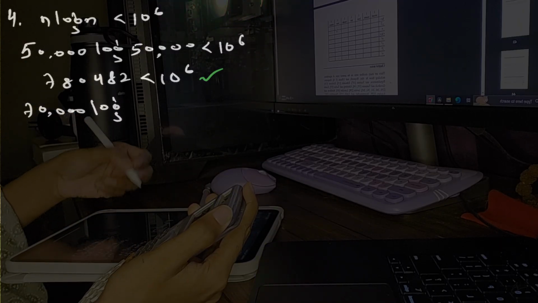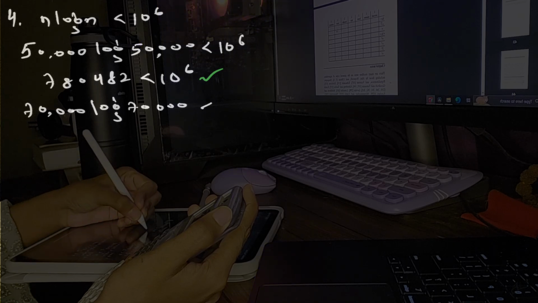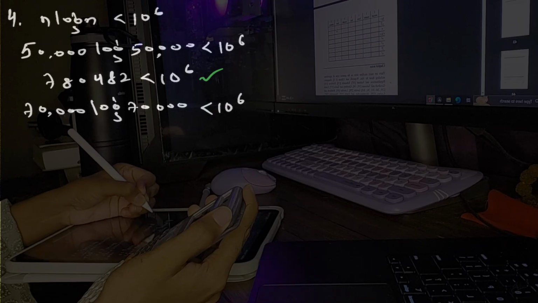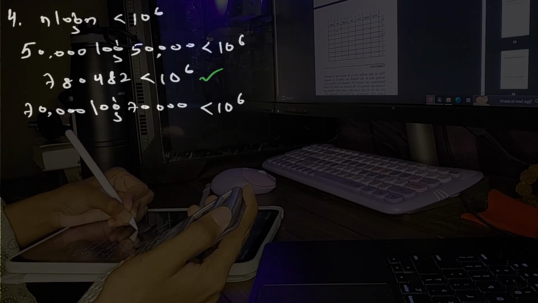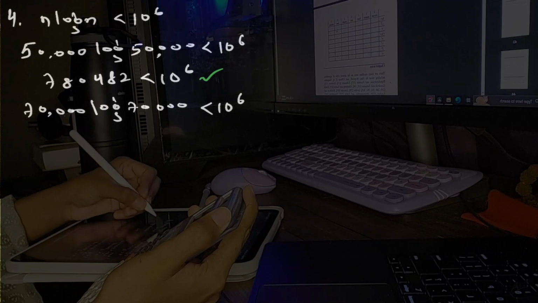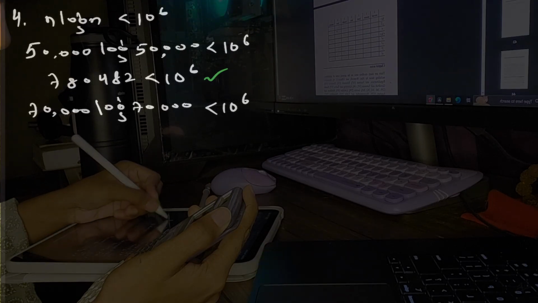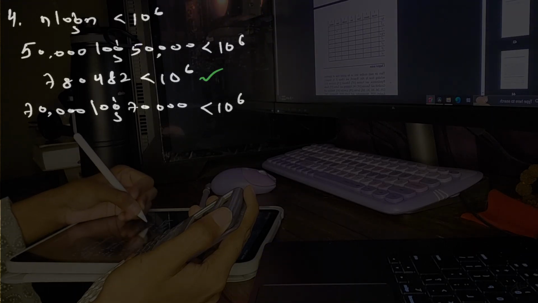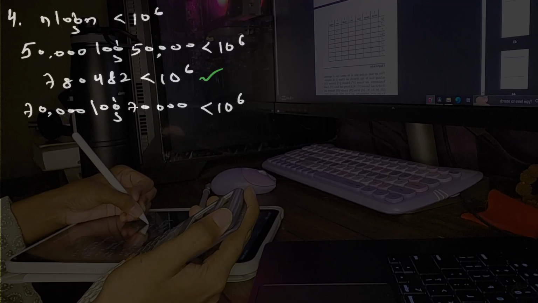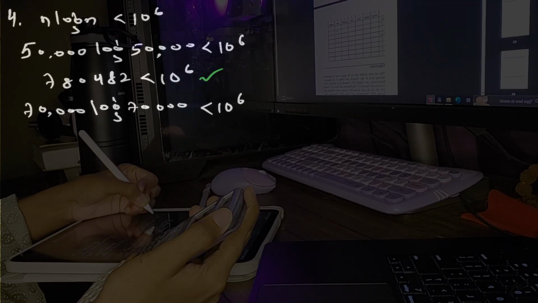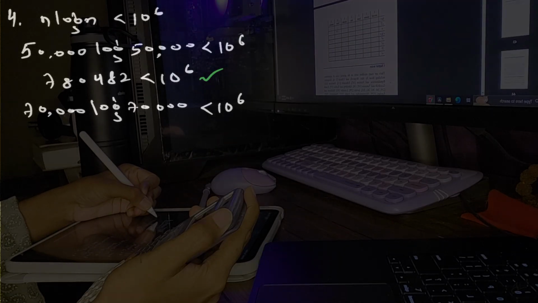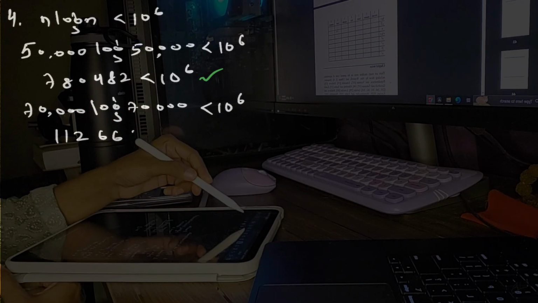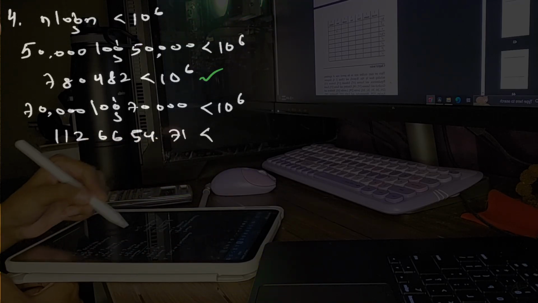Log of 70,000 divided by log of 2, multiplied by 70,000 equals 1,126,654.71.